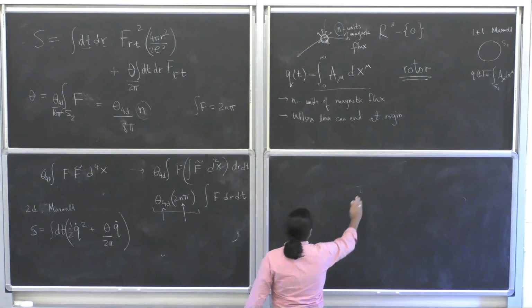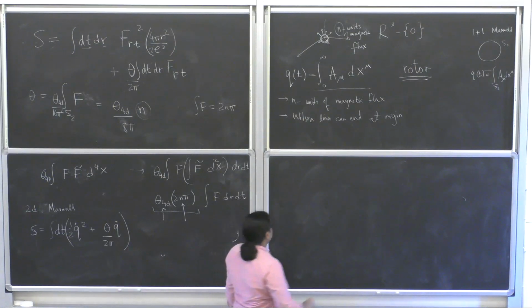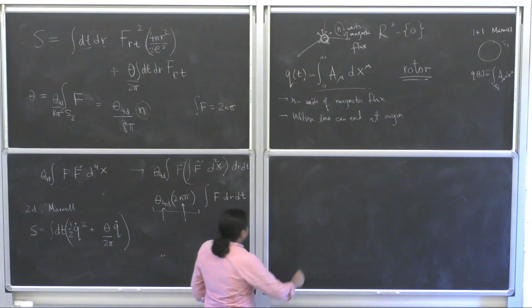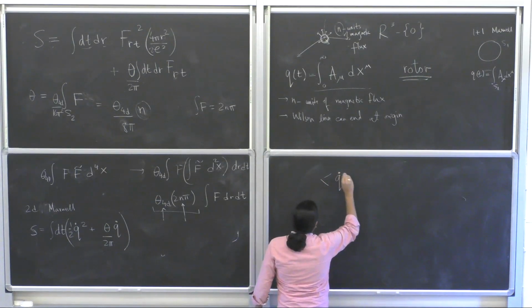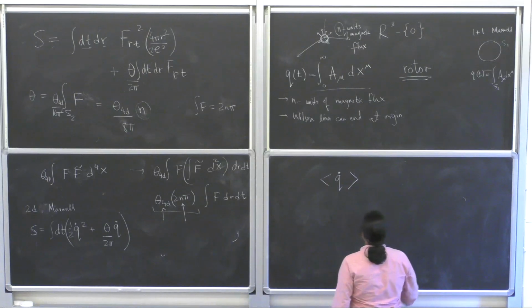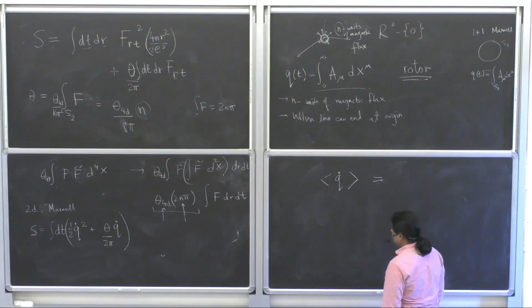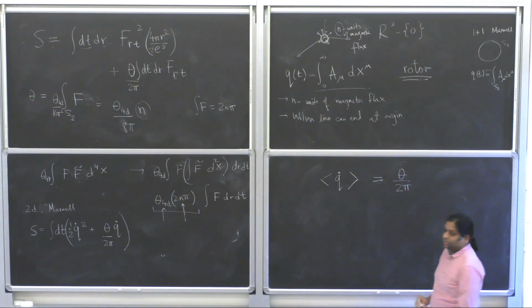The effect of this theta angle in the context of the particle on a circle is that the expectation value of q dot itself is not 0, but theta over 2 pi.